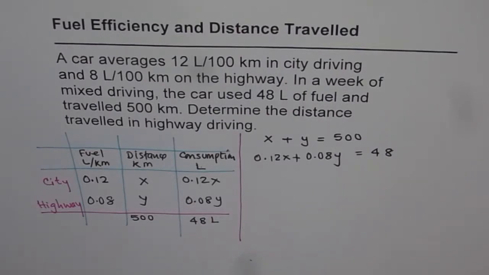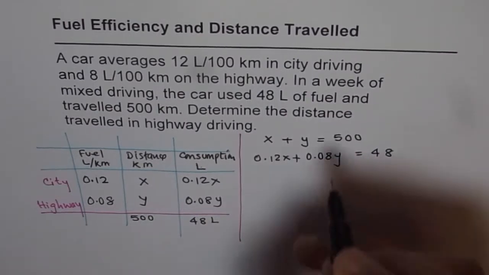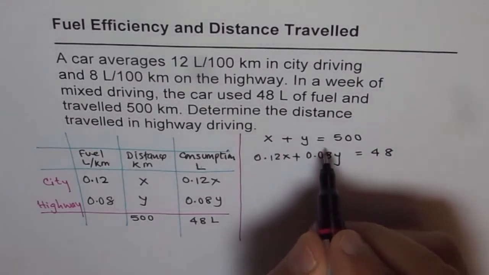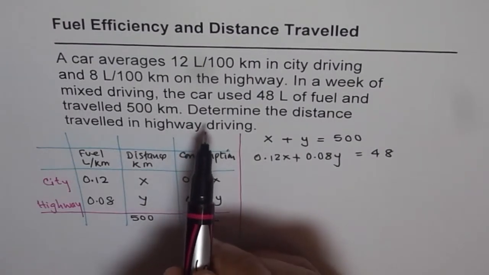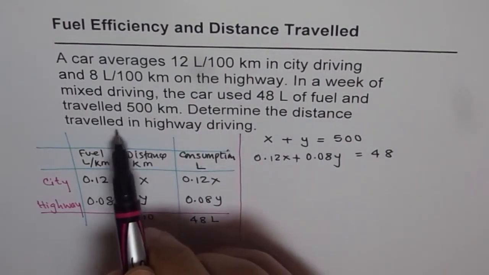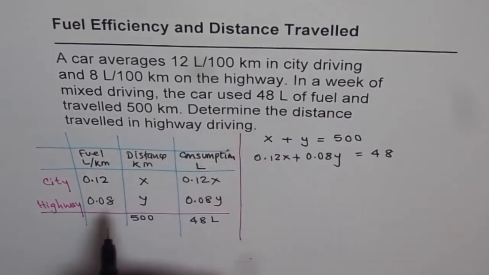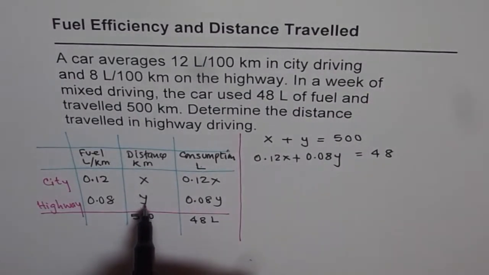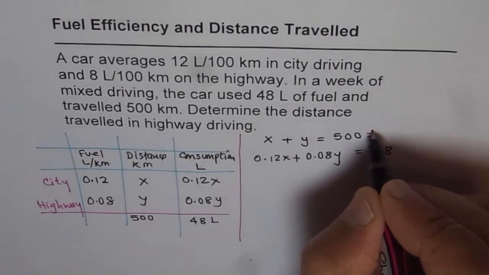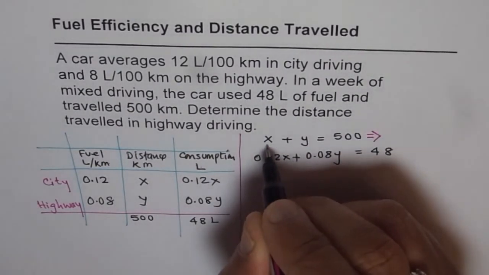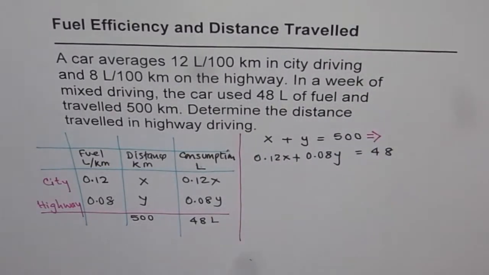So we could use the substitution method here. To use substitution, let's read the question once. It says determine the distance traveled on the highway. So highway distance is y for us. We want to find what y is. So from the first equation, we'll write down what x is in terms of y.